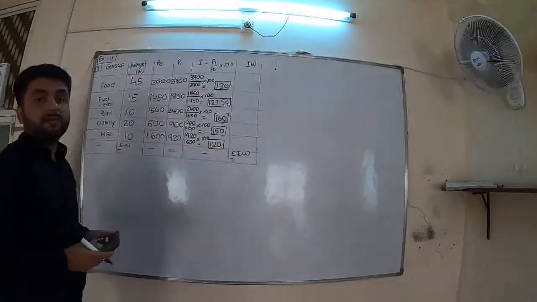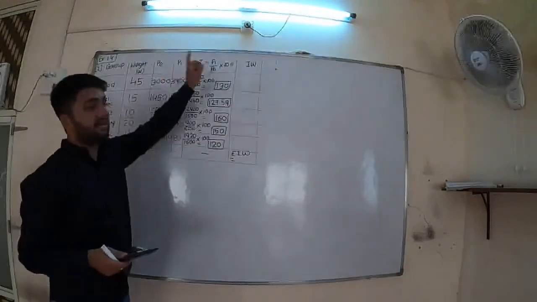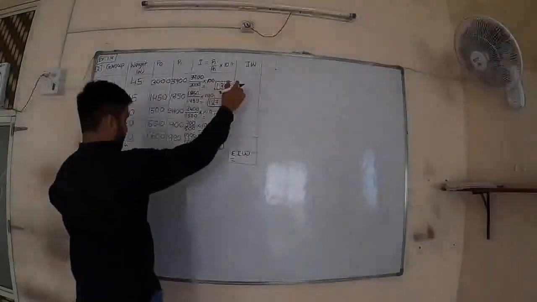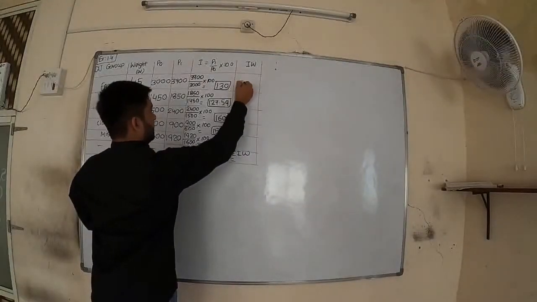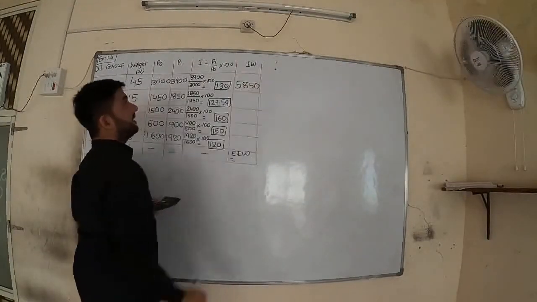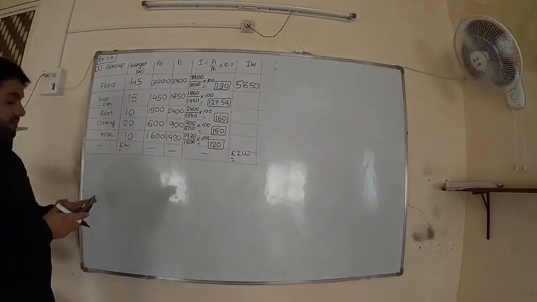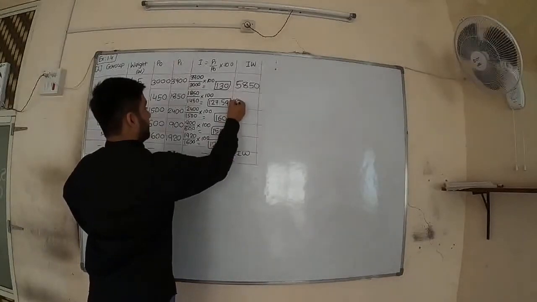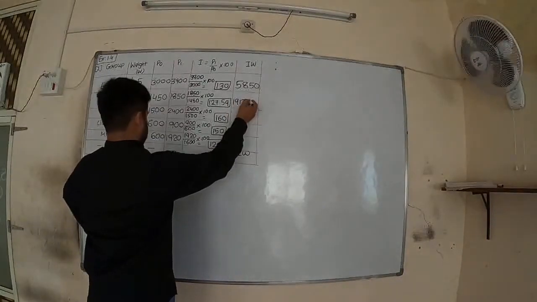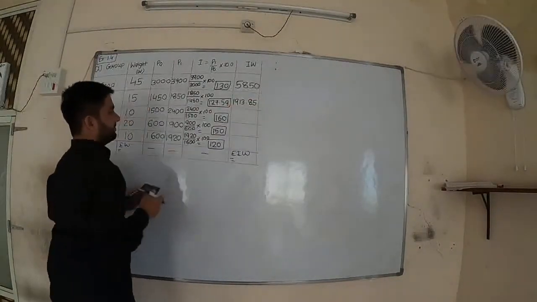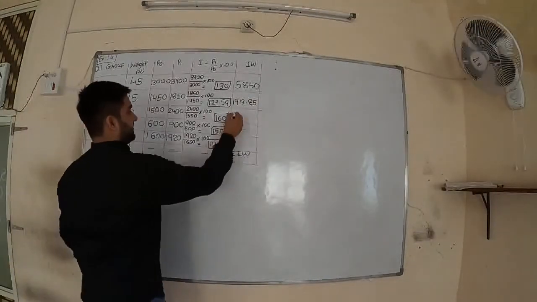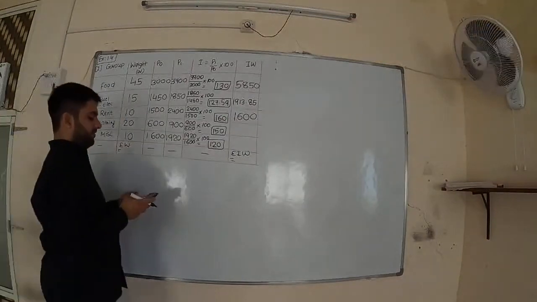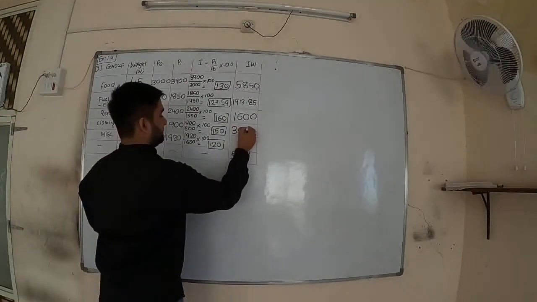Okay. Now IW means W and I's multiplication. 45 into 130 is 5850. 15 into 127.59 is 1913.85. Then 10 into 160 is 1600. Then 20 into 150 is 3000.